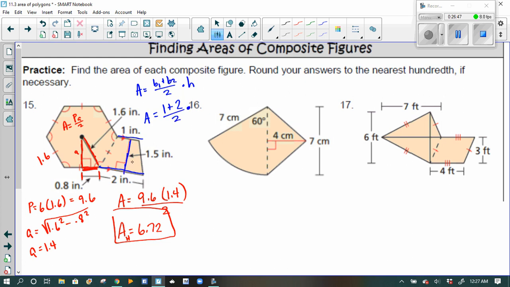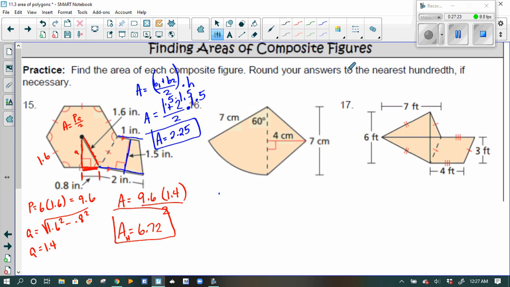The height is always perpendicular, so 1.5. I'm going to write over that number there. So 1 plus 2 is 3. 3 divided by 2 is 1.5. So 1.5 times 1.5. So this piece is 1.5, and then your height is 1.5. So that's 2.25. So the area here is 2.25.